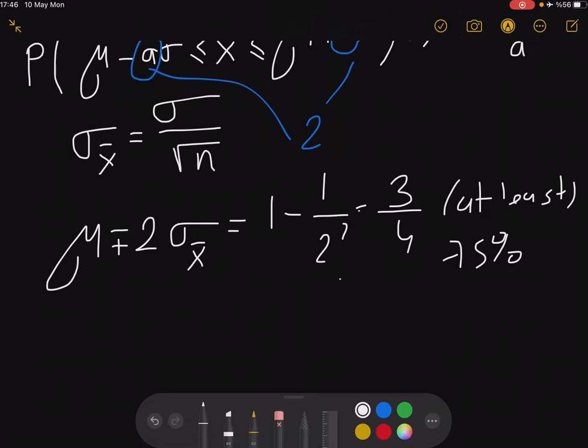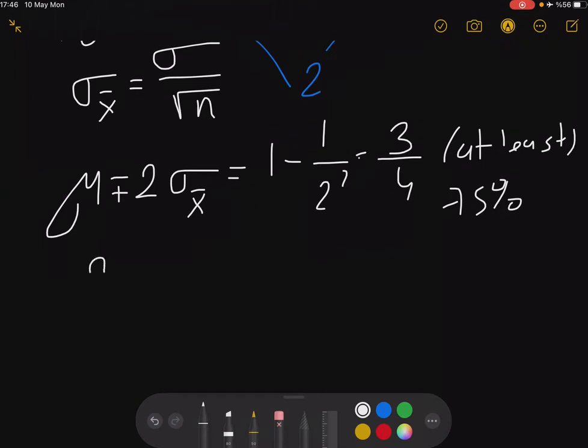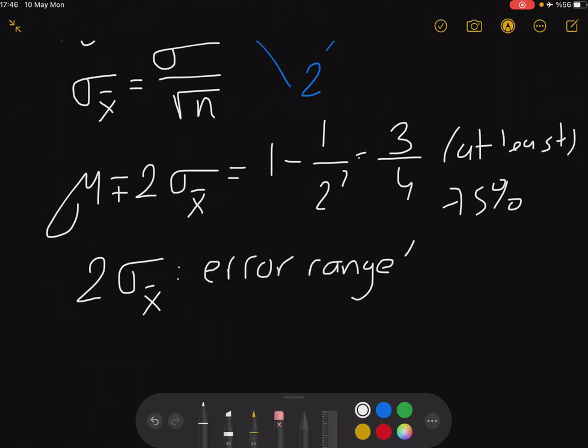from mu. This also has another popular name, which is called the error range. Okay, this is another population jargon for this.